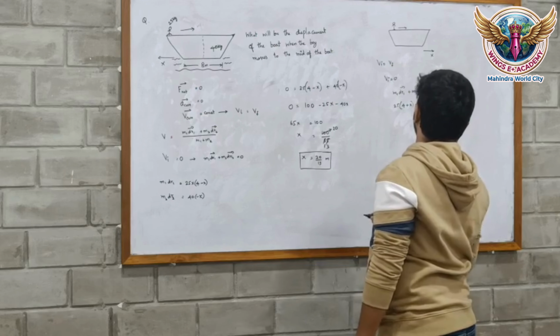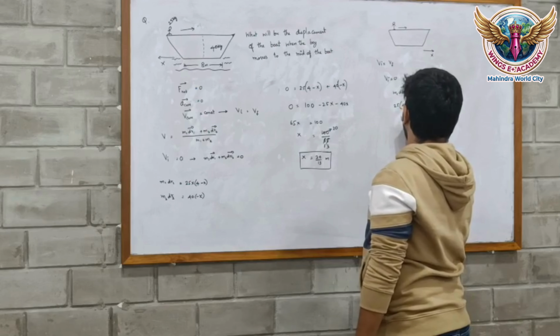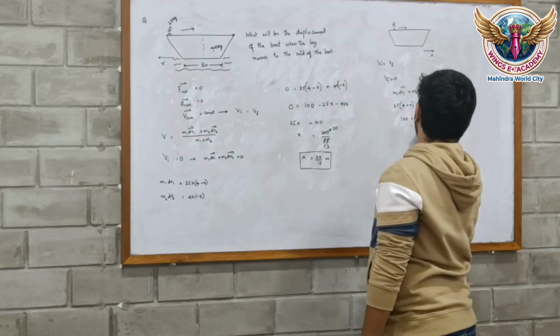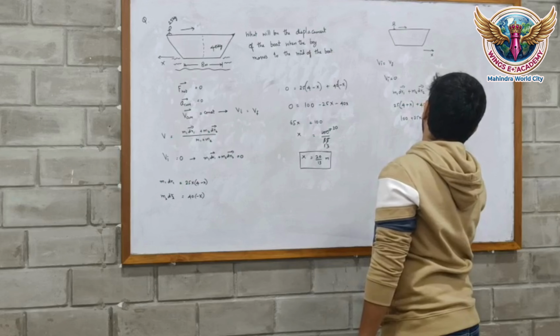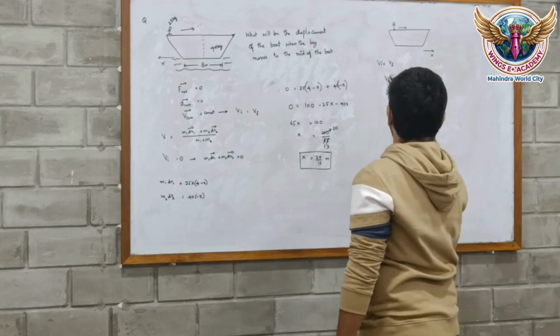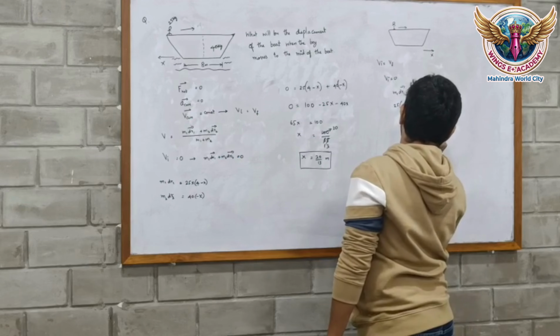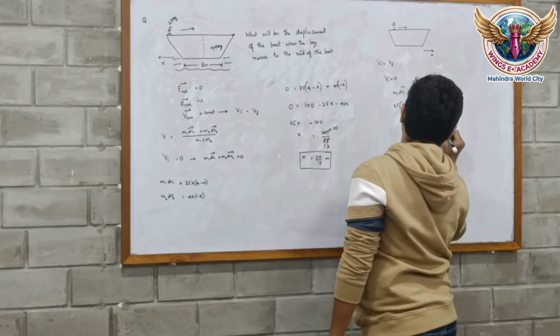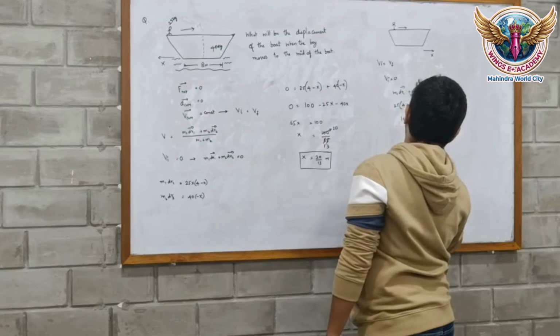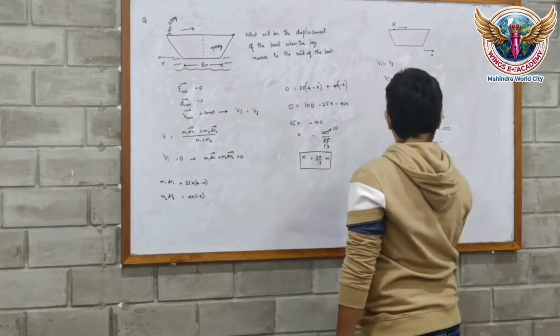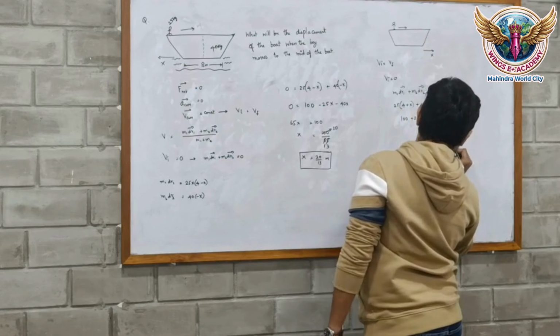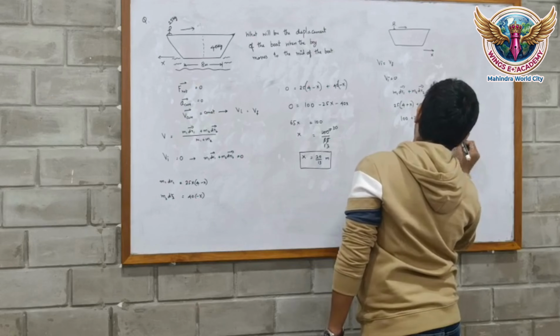So 100 plus 25x plus 40x is equal to 0. So 65x is equal to minus 100. So x is equal to minus 20 by 13.